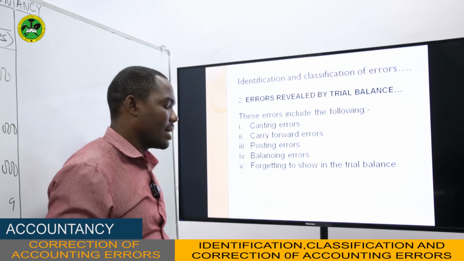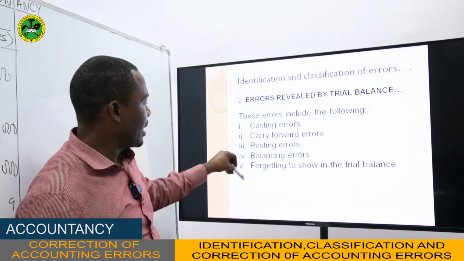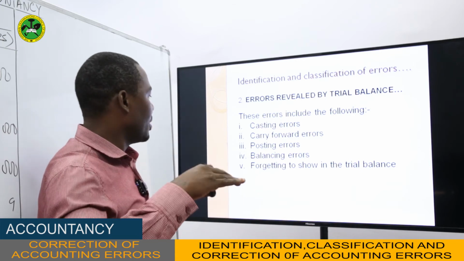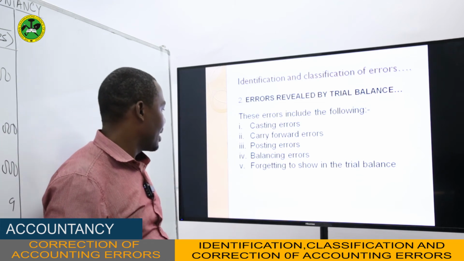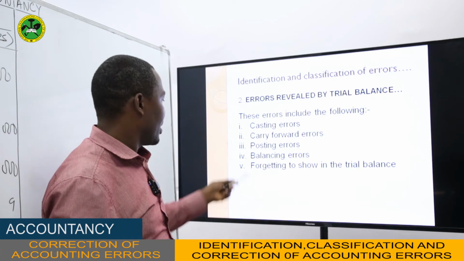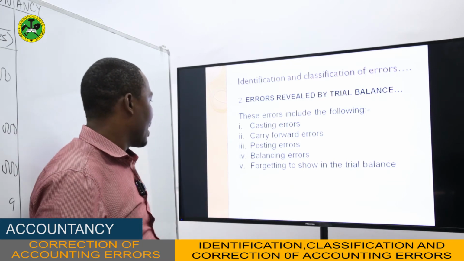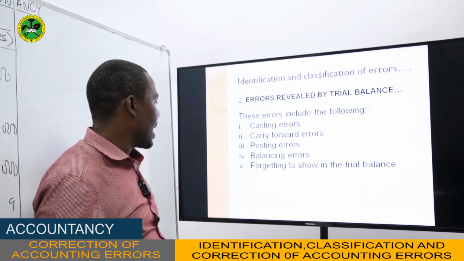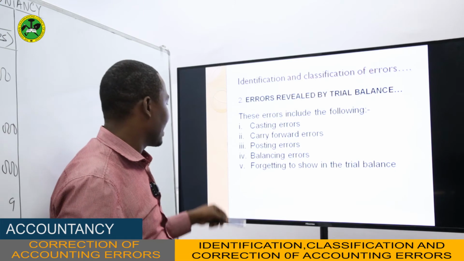Posting errors: you take from one account or from the journal to another account, and you post a wrong entry. You have balancing errors: in balancing, making the total, you get a wrong balance. Then automatically your trial balance will not balance.